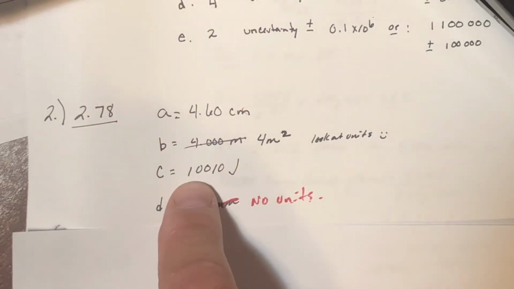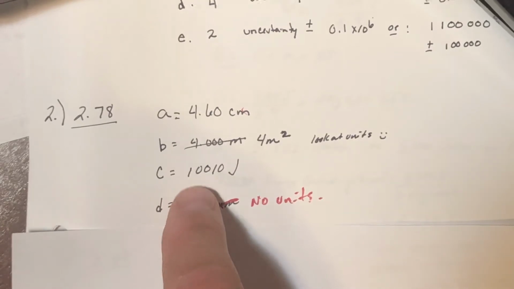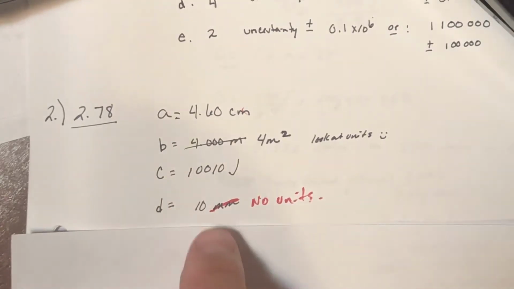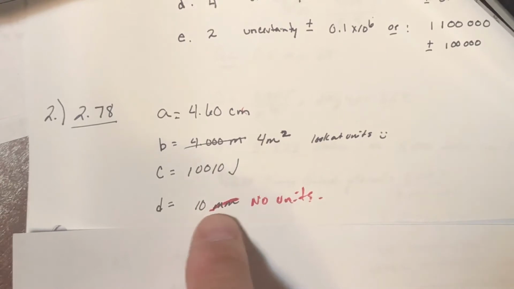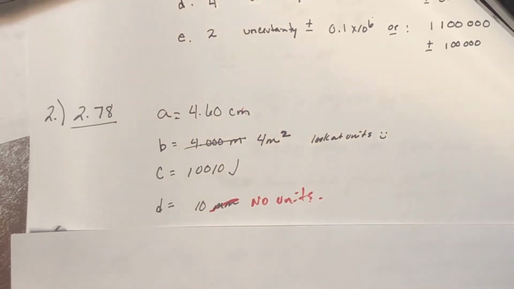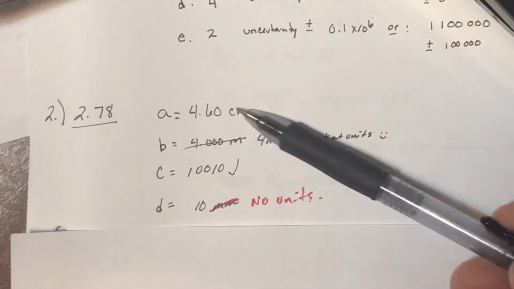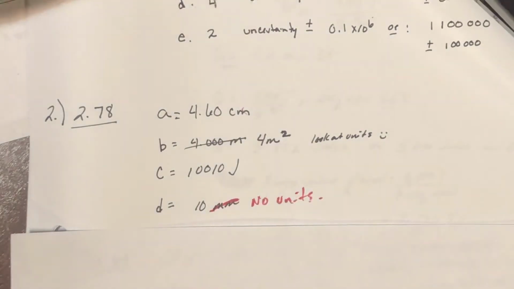And then here we have 10,010 joules. And then letter D is just 10, because we divided millimeters by millimeters, so there are no units. So again, if you got these right, that's 1, 2, 3, 4 points, 1 point each.